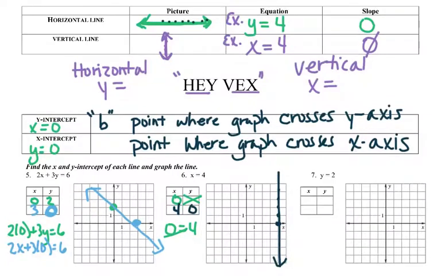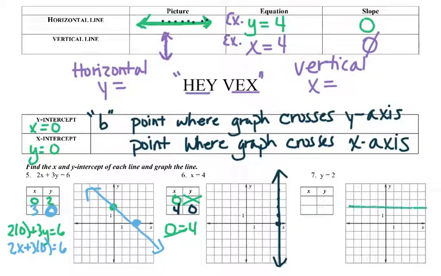The x is always 4. So most vertical lines do not have y-intercepts. Not every single one, because I could have a vertical line that has an infinite number of y-intercepts. But unless it's that line, the vertical lines don't have y-intercepts.